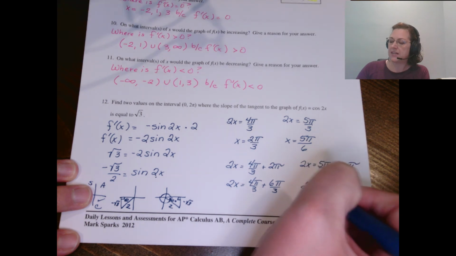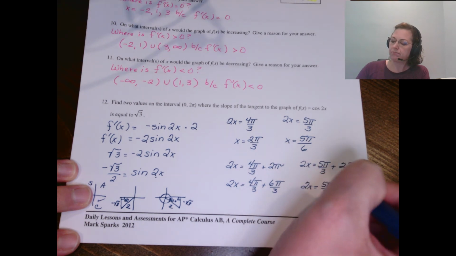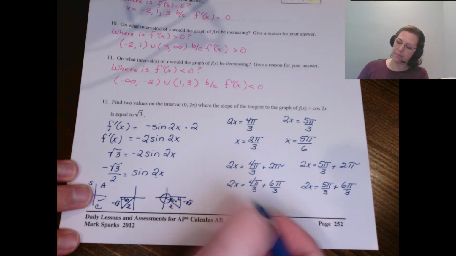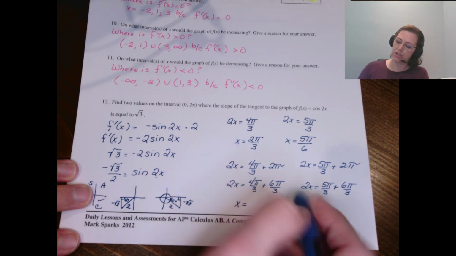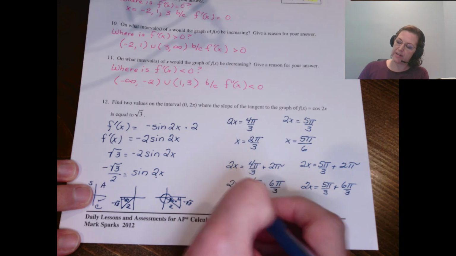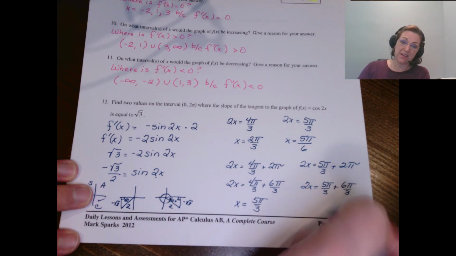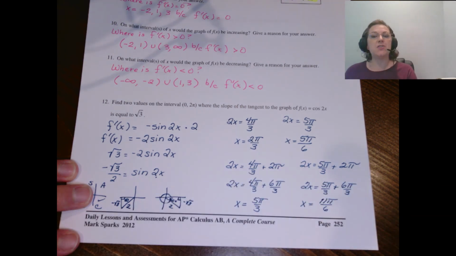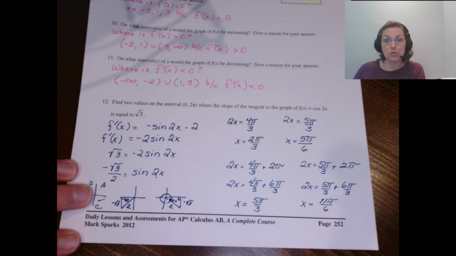And this is how you do it. And let's see, that's 10 pi over 3. And if I divide by 2, that's going to be 5 pi over 3. And this becomes 11 pi over 3. And if I divide by 2, that'll become 11 pi over 6. And there's 4 of them. Now, you only needed 2, but like I said, some students were asking how to find those other 2. So there you go.